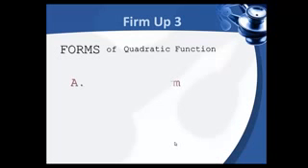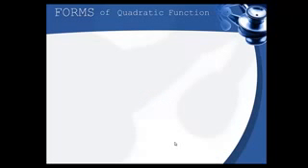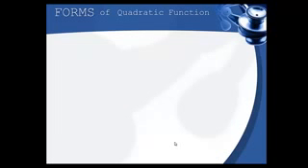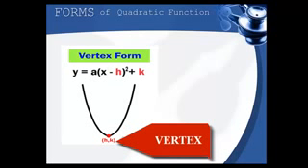We have forms of quadratic function. First, we have the general form, the vertex form, and the intercept form. The general form is y = ax² + bx + c. The vertex form is y = a(x − h)² + k, where (h, k) is the vertex.